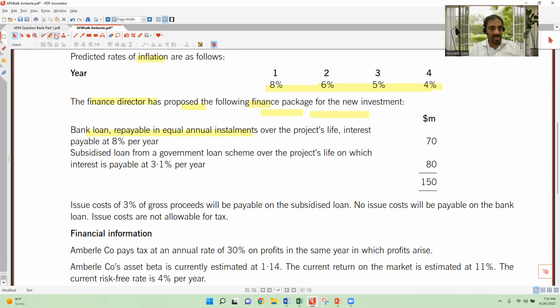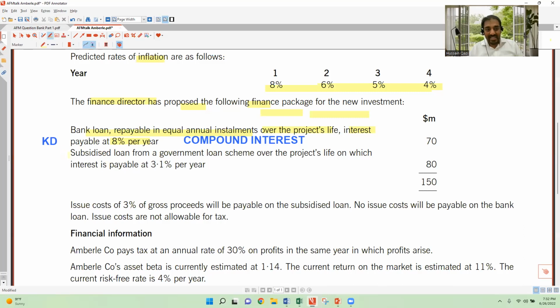It means compound interest. Annual installments mean the interest amount will not be constant over the project's life. Interest is payable at 8% per year, so this is the KD.